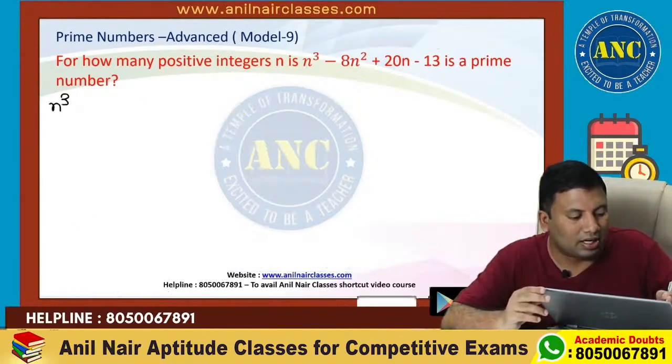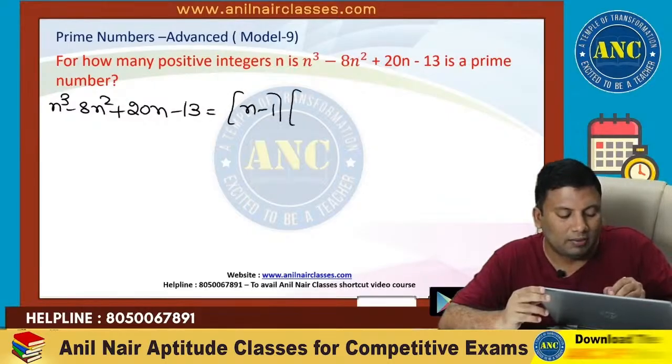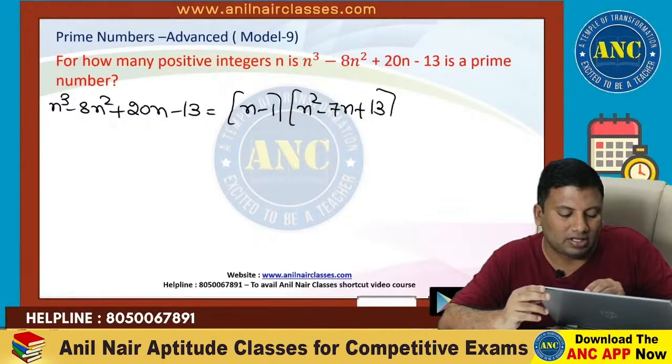This is nothing but n cube minus 8n square plus 20n minus 13. It is nothing but n minus 1 into n square minus 7n plus 13.